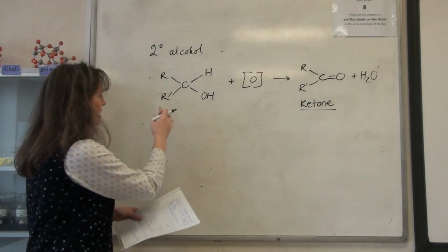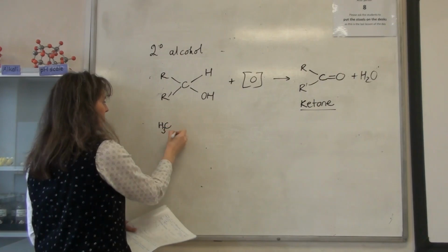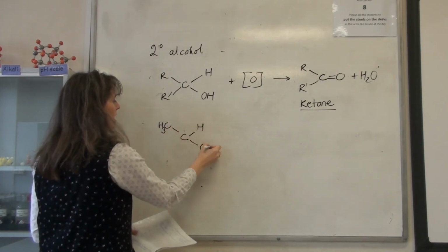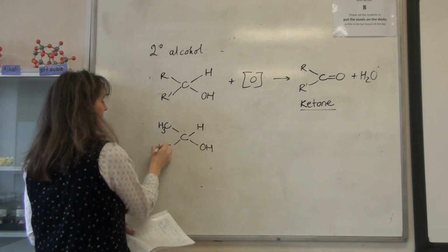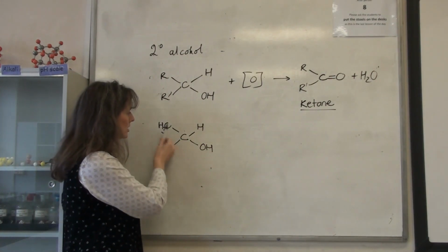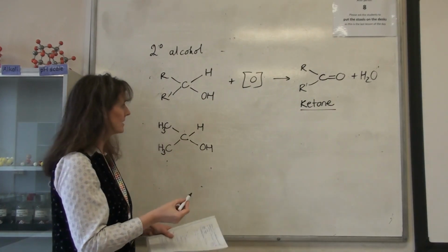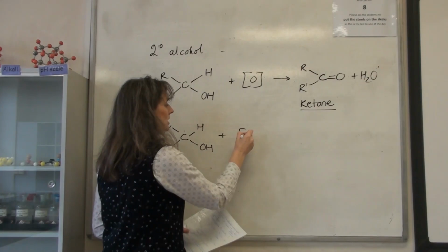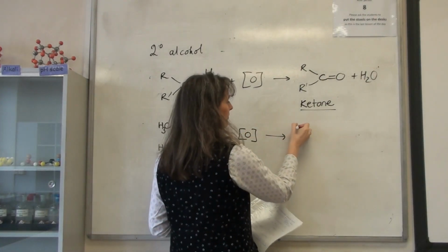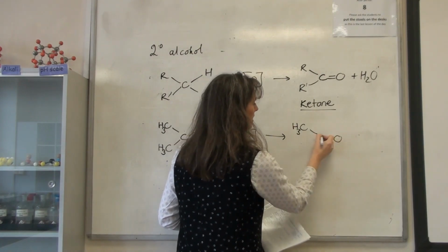So if I were to use a specific alcohol, I'll put both R groups as CH3. Remember, it's good practice to join the bonds through the carbon, so that is correctly represented, with the oxidising agent, and that will form, draw it out in the same way.